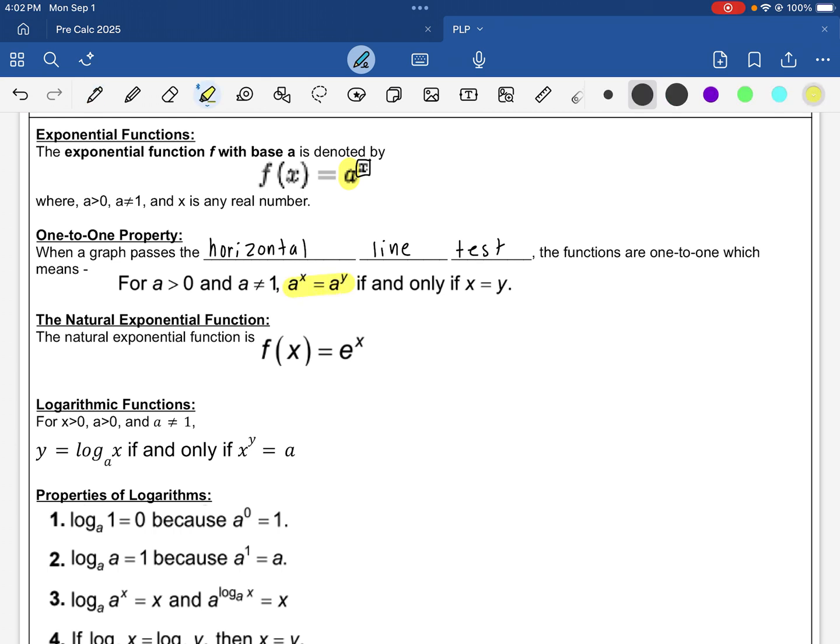So this is the important part. Say we have an equation like 5 to the x power equals 5 to the 5th power. Since these bases are the same, the one-to-one property tells us we can drop those bases and x equals 5.